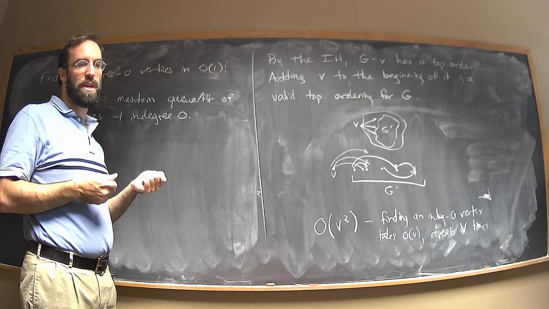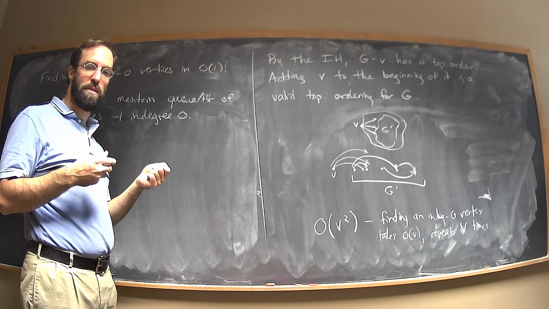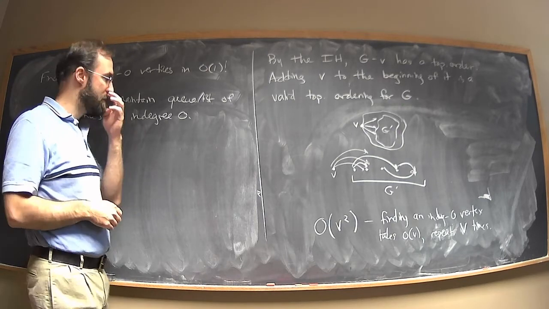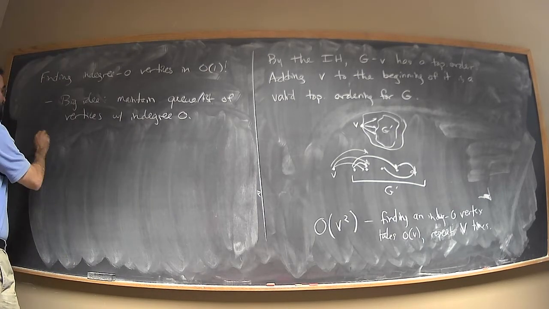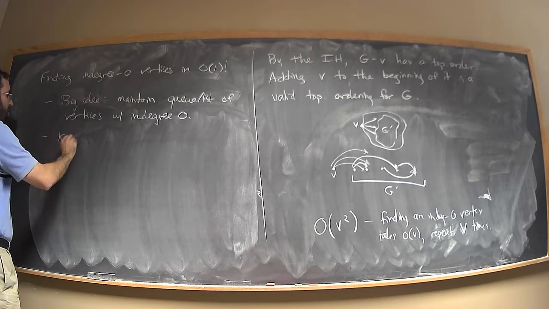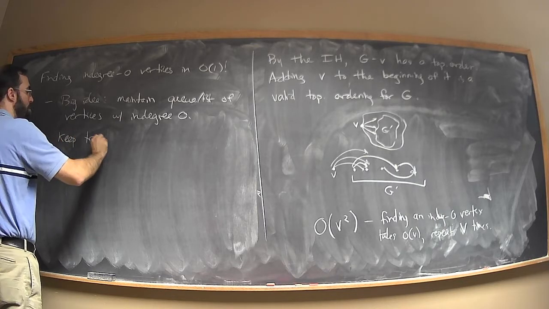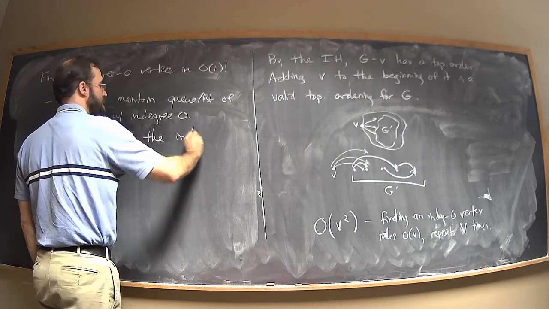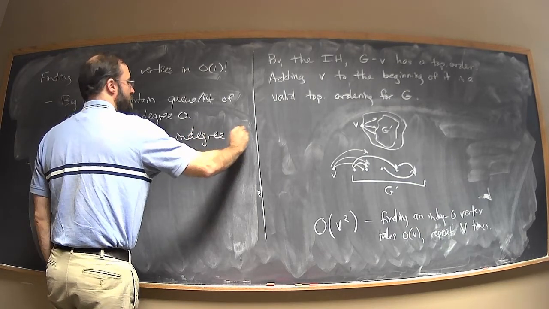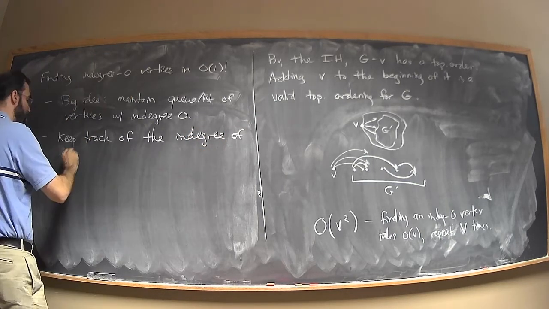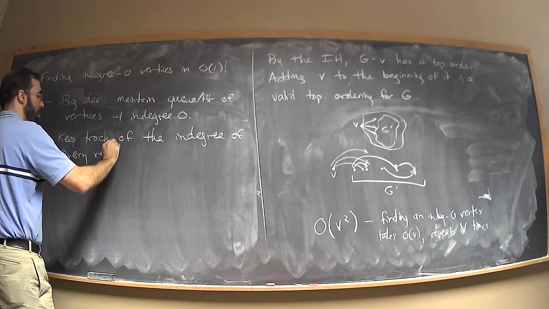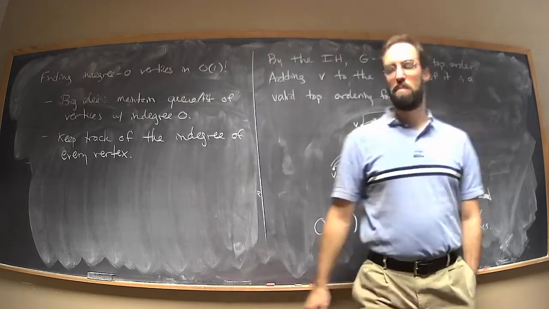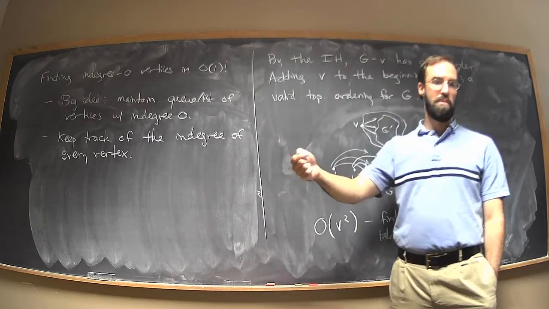The trick is, how do we maintain it? How do we make sure that when stuff needs to get added to it, we can add it quickly? So here's how we do it. We keep track of the in degree of every vertex. You have some kind of dictionary that maps vertices to a number, which is their in degree.